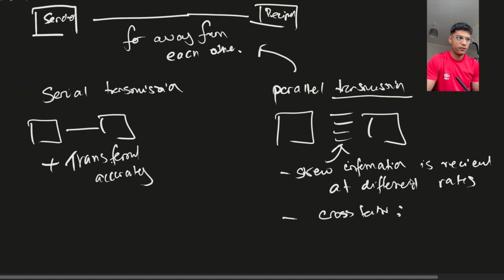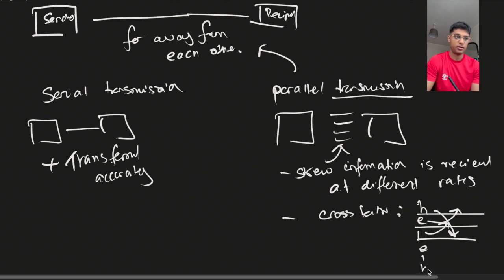For example, say we have these three lines, which is maybe HEL. Crosstalk is where this E may go to the upper line, this H may go to the bottom line, and this L may go to the middle line. And essentially the information is now ELH, which is wrong. So this is referred to as crosstalk, where these transmission lines interfere with each other.